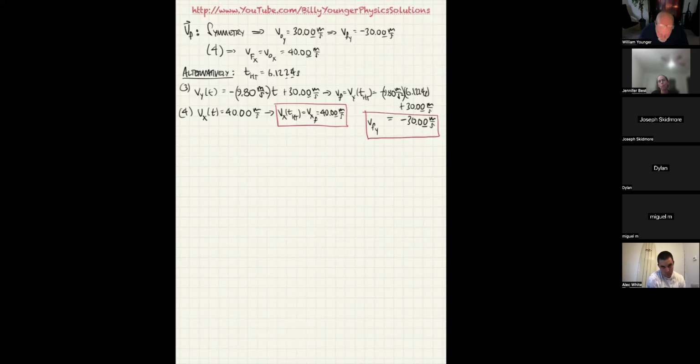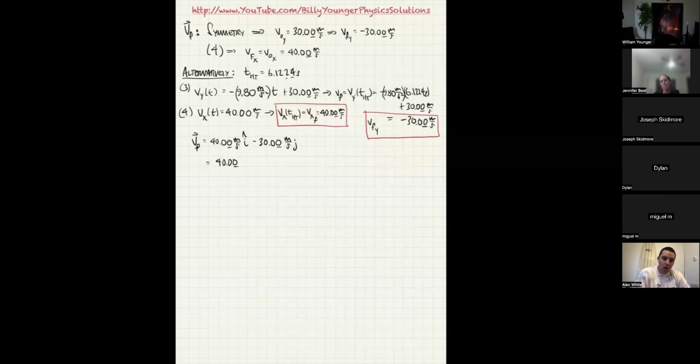Now that we have it, we could just write V final is equal to 40.0 meters per second I hat minus 30.0 meters per second j hat, which also can be written as 40.0 meters per second x hat minus 30.0 meters per second y hat.